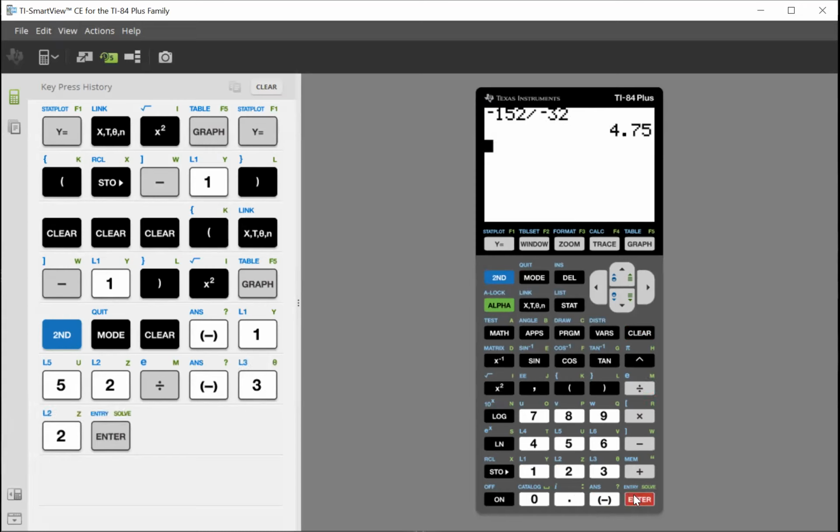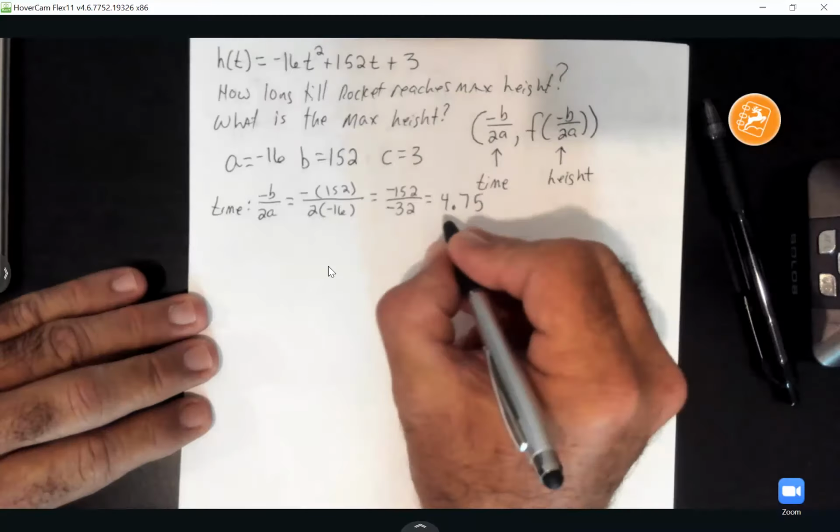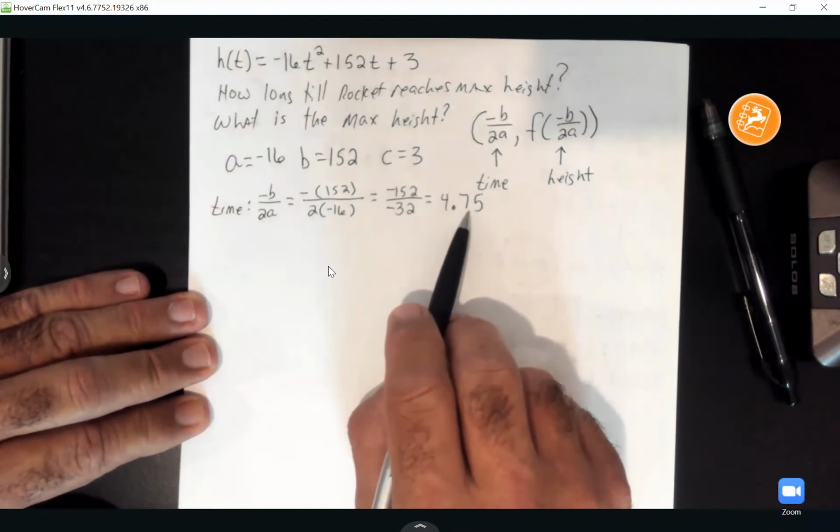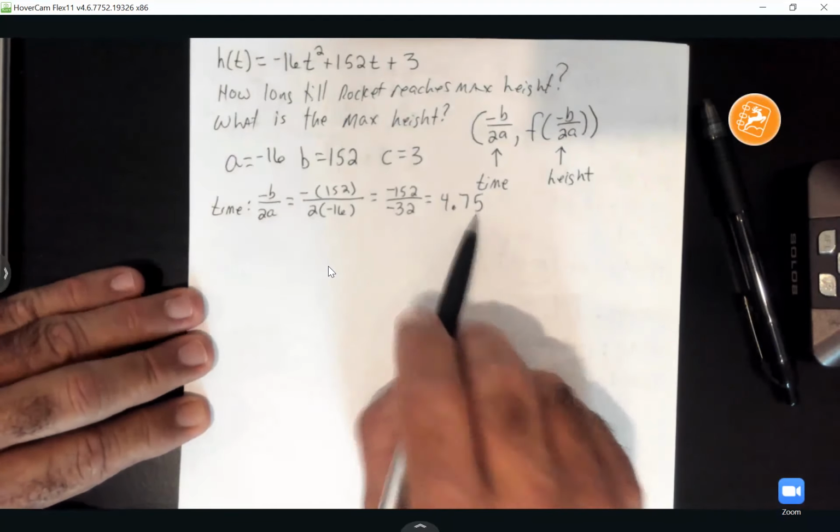That's going to give me 4.75. Now remember, you should end up with a positive number on that because time is always positive. So the time it took my rocket to reach maximum height was 4.75.